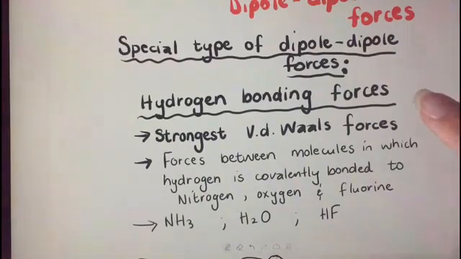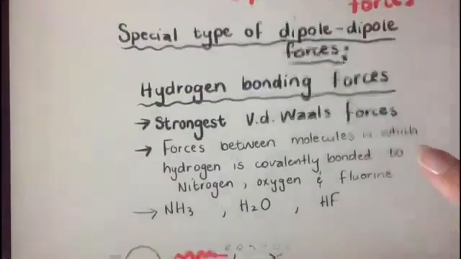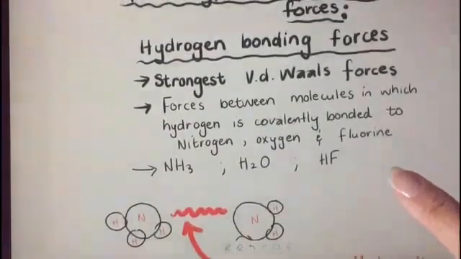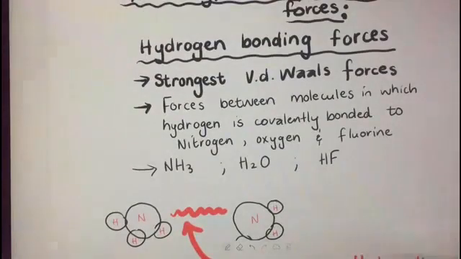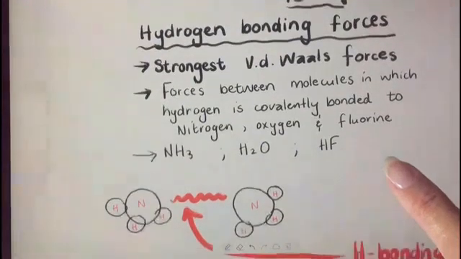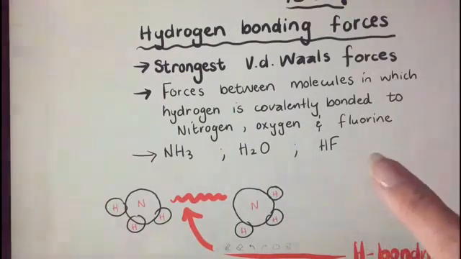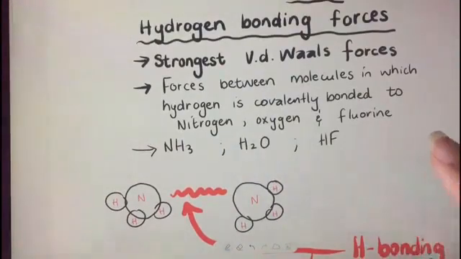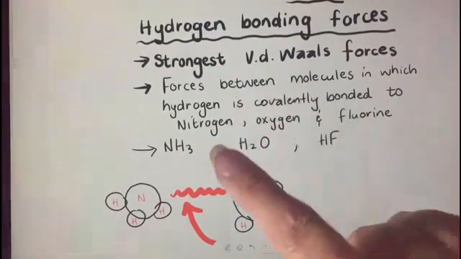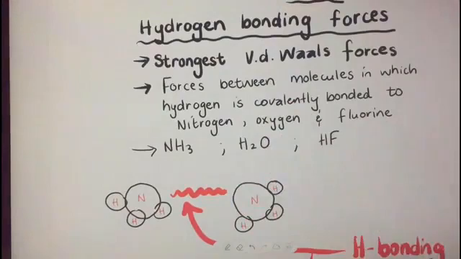So I prefer to use the term hydrogen bonding forces. So these are the strongest van der Waals forces. These are the forces that we find between molecules, because remember it's intermolecular, between molecules, in which hydrogen is covalently bonded either to nitrogen, oxygen, or fluorine.